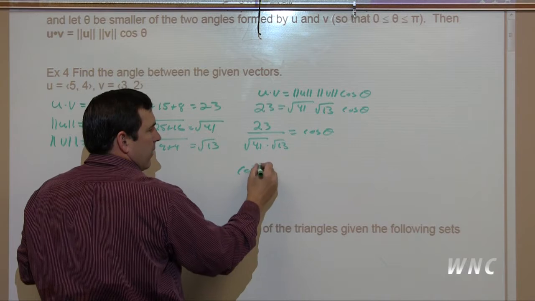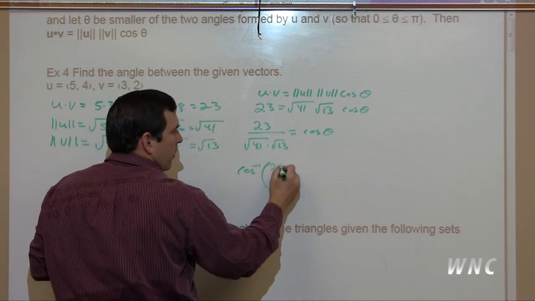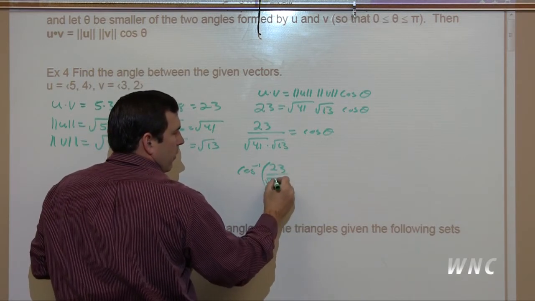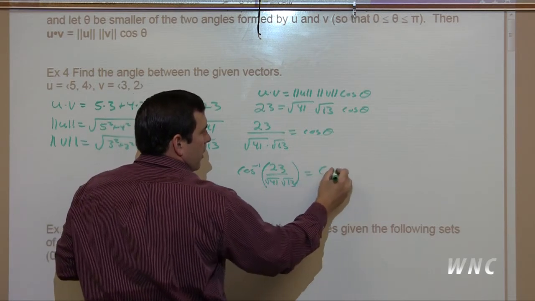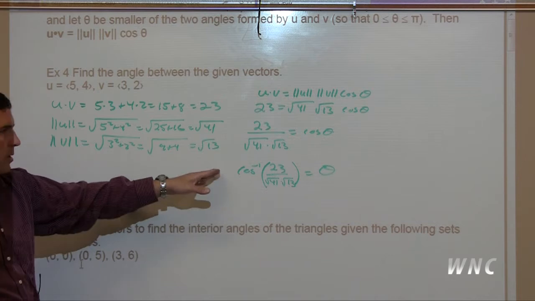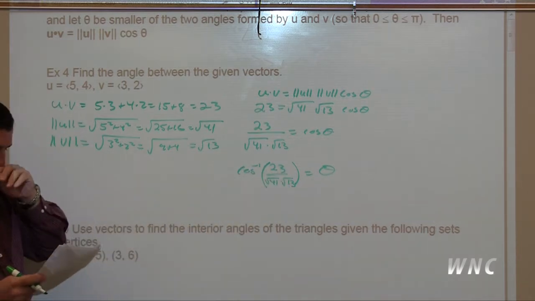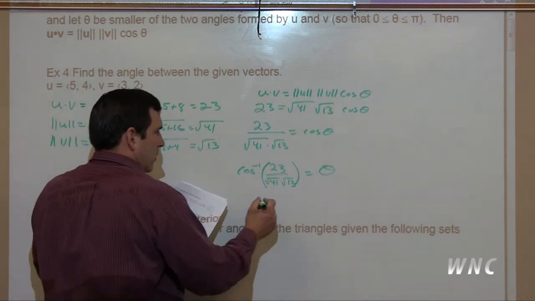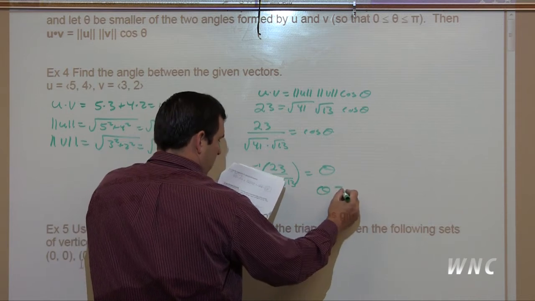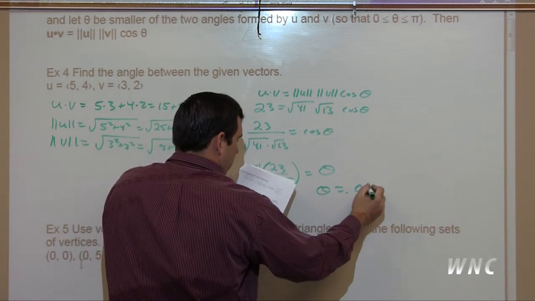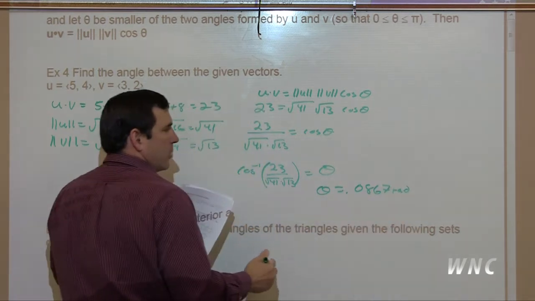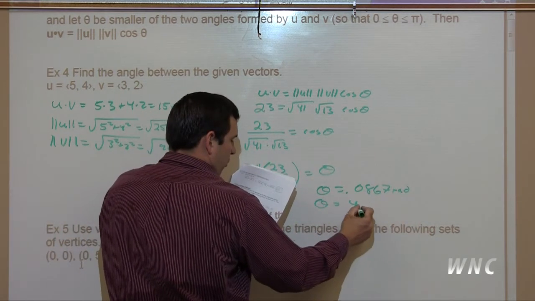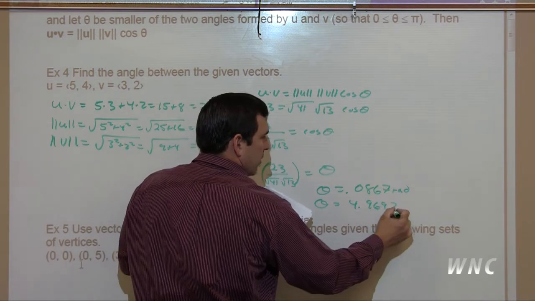So cosine inverse of 23 over the square root of 41 times the square root of 13, that's going to be our theta. Theta is going to be arc cosine of this quantity. So theta will be 0.0867 radians, and if you convert to degrees, theta will be 4.9697 degrees.